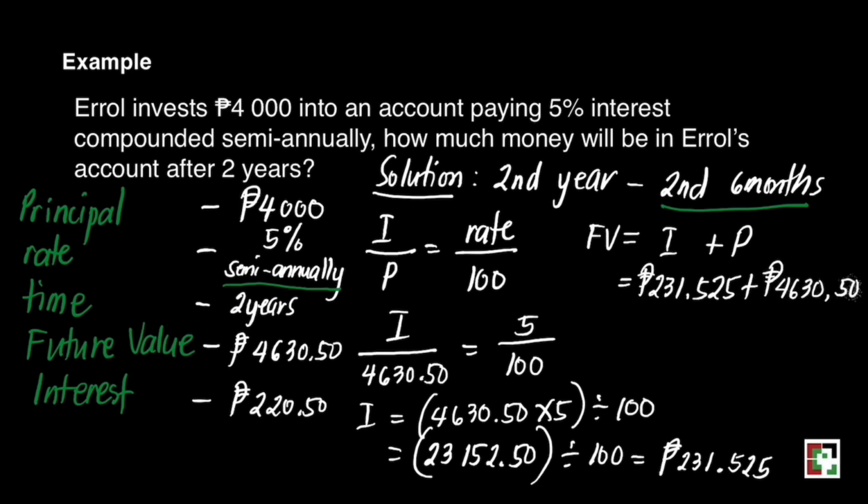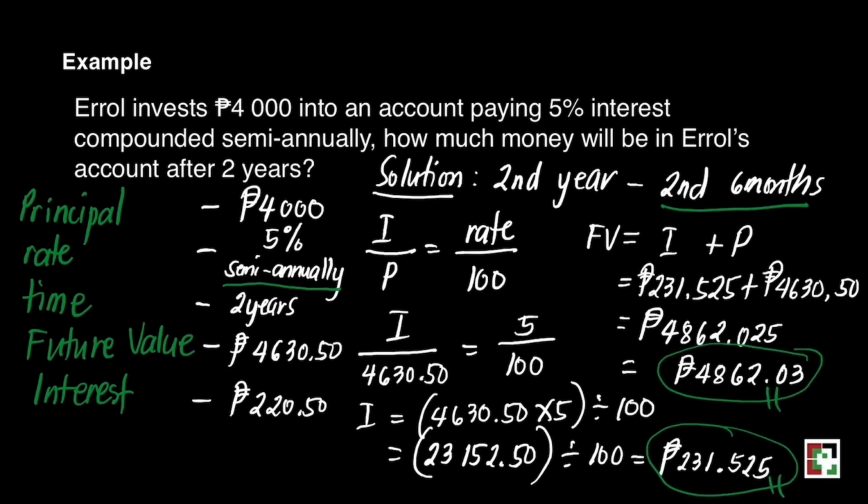We'll be rounding it off later. And now let's add it to our principal, which is 4,630 pesos and 50 centavos. That will give us 4,862 pesos and 3 centavos as our final answer, and will be the amount of money in Errol's account after 2 years with 5% interest compounded semi-annually.